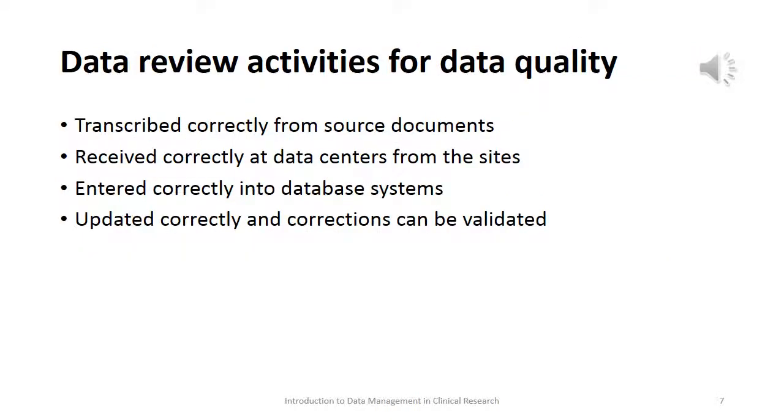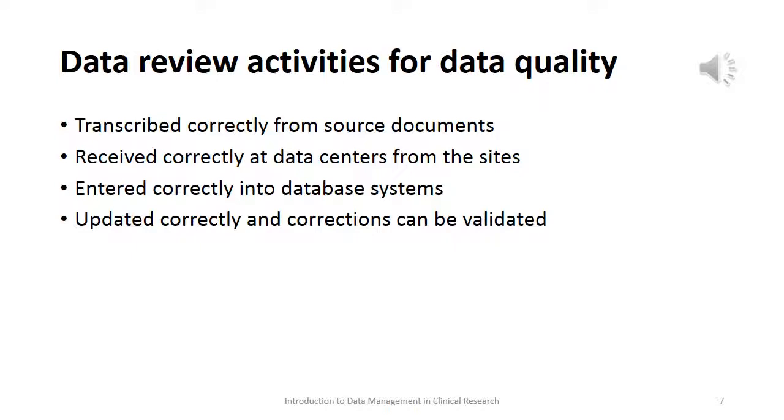So let's talk about some of the tasks that are associated with data quality or some of the review activities that we're going to do. First of all, we're going to make sure that data was transcribed correctly from source documents. We're going to make sure that it was received correctly from data centers, such as sites, or we might have data that comes from a laboratory or some other medical facility, and that may be entered into our database.